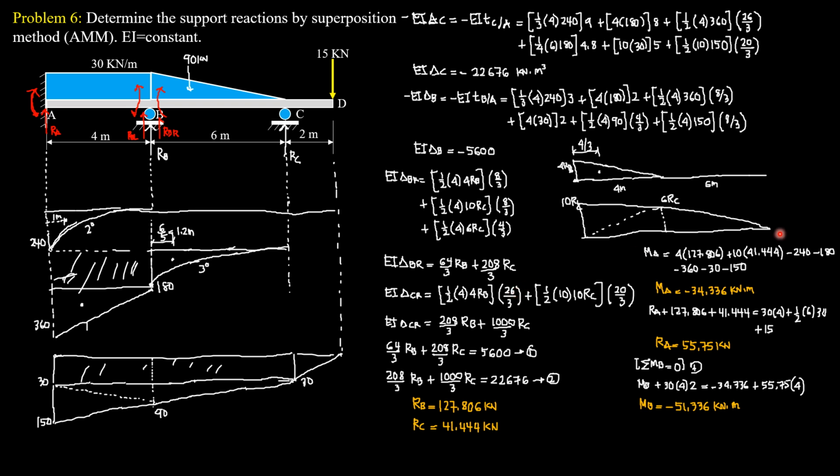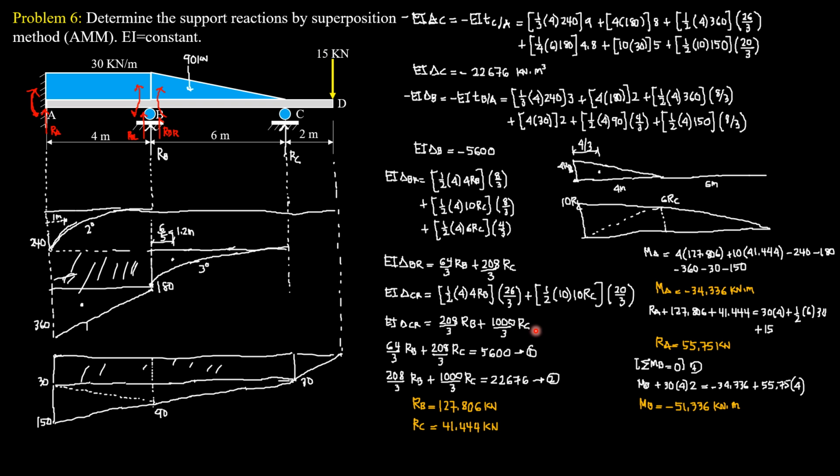Then plus this entire area because it is from A to C, 1/2 of 10 times 10 R sub C. The moment arm is 2/3 of 10, 20/3. Combining like terms again, we have EI delta C due to the reactions is 208/3 RB plus 1000/3 R sub C.